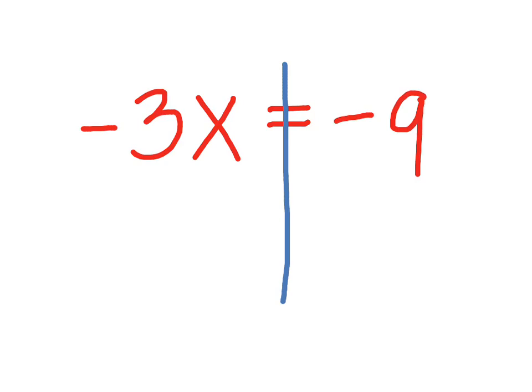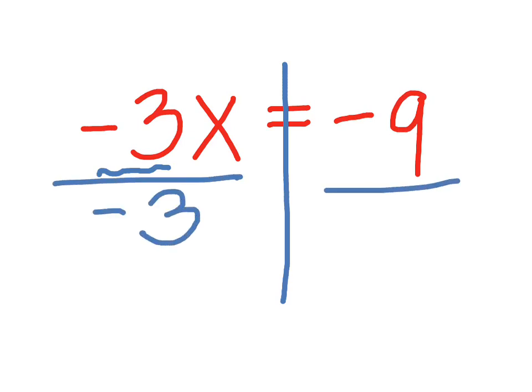Draw a line to separate the left and the right side of the equation. On this problem, it's multiplying by negative 3 because negative 3x is the same thing as negative 3 times x. So what is the opposite of multiplying by negative 3? It's dividing by negative 3.